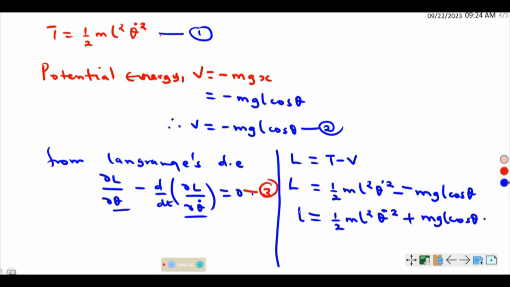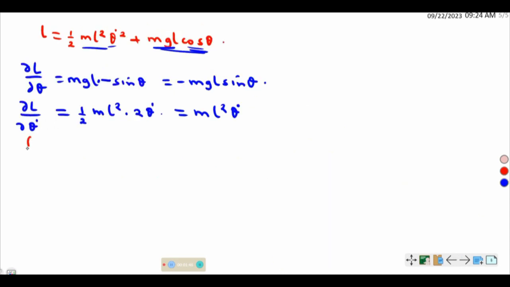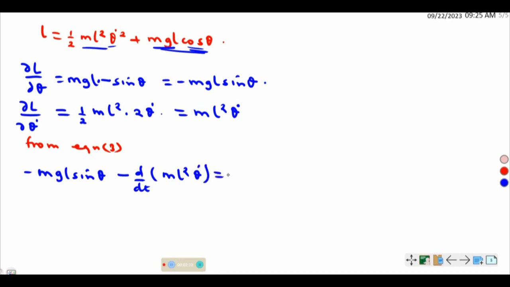From equation number 3, which is del L del theta minus d dt of del L del theta dot equal to 0, we shall have del L del theta, which is minus m g L sine of theta, minus d dt of m L squared theta dot, equal to 0.